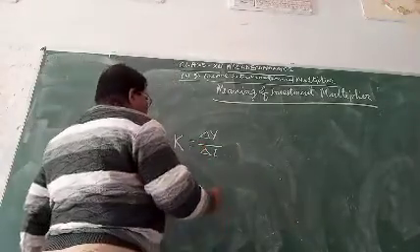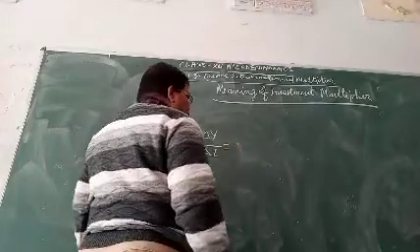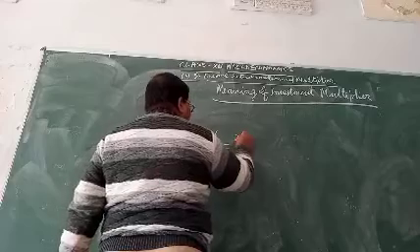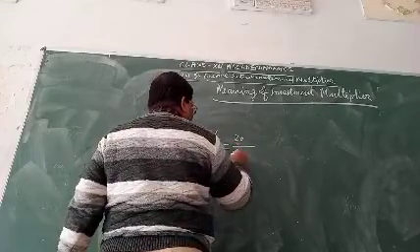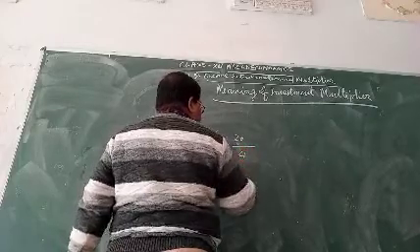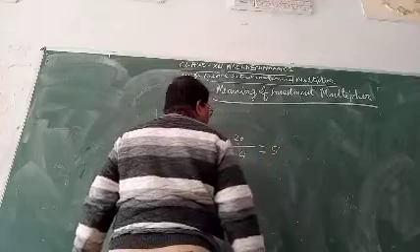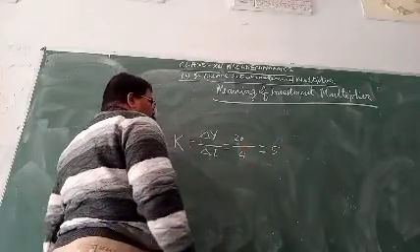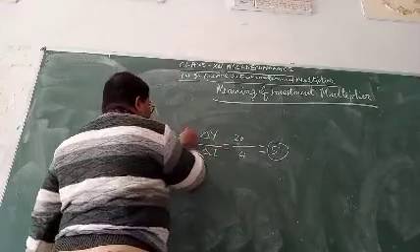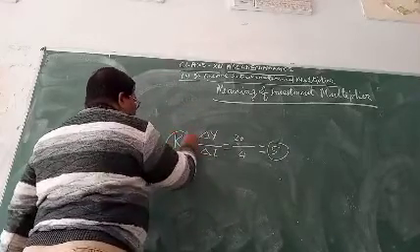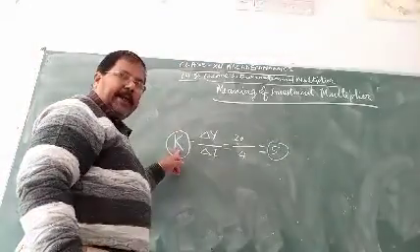Here 20 crore income has increased due to the change in investment of 4 crore. Then we will get 5. So 5 is the value of multiplier, that is K.